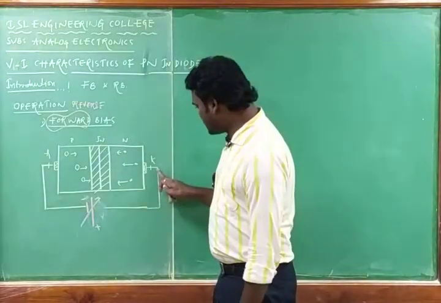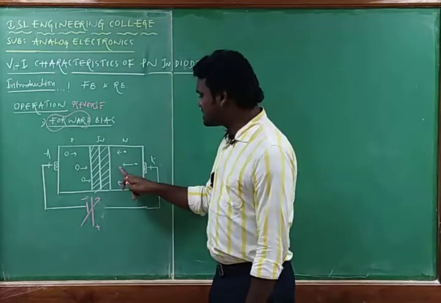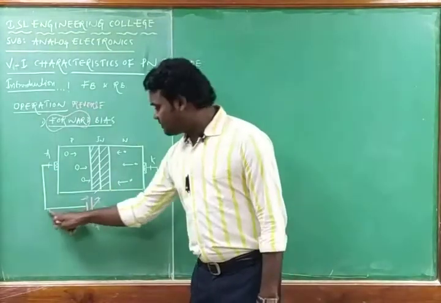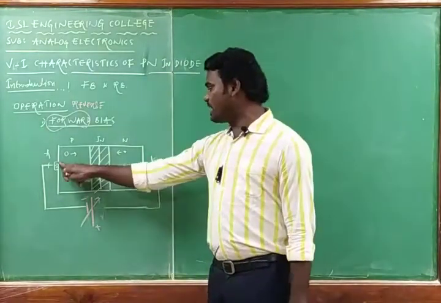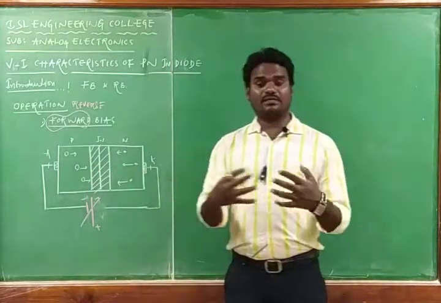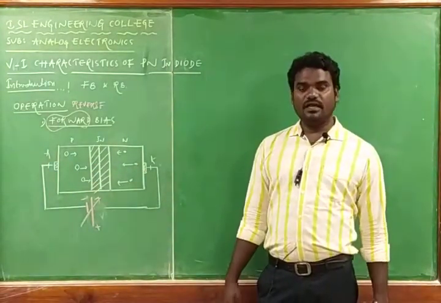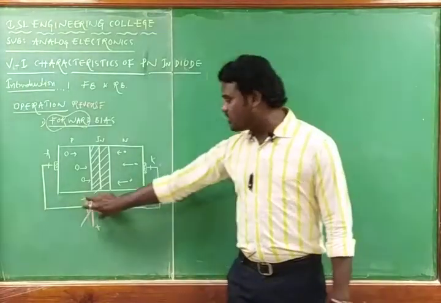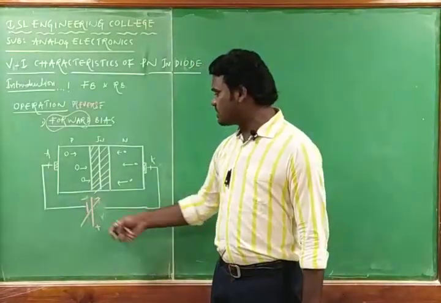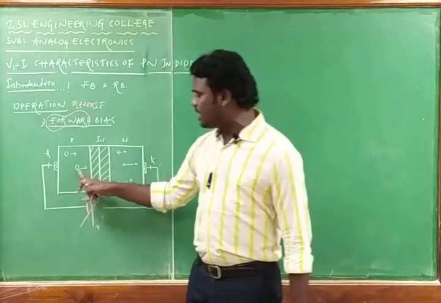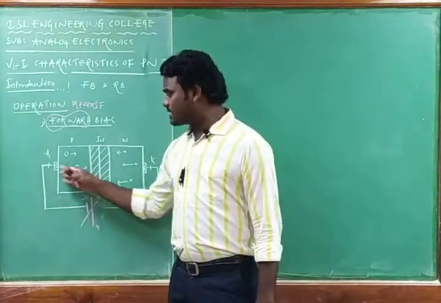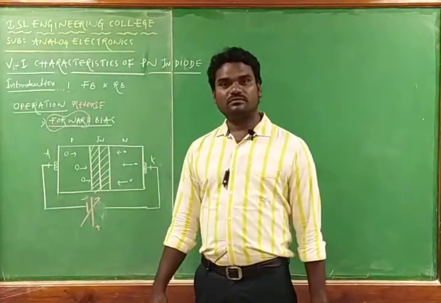So positive to negative and negative to positive get attracted, so that as you are increasing the reverse bias voltage, electrons will be attracted to the cathode, and holes will be attracted towards the anode.